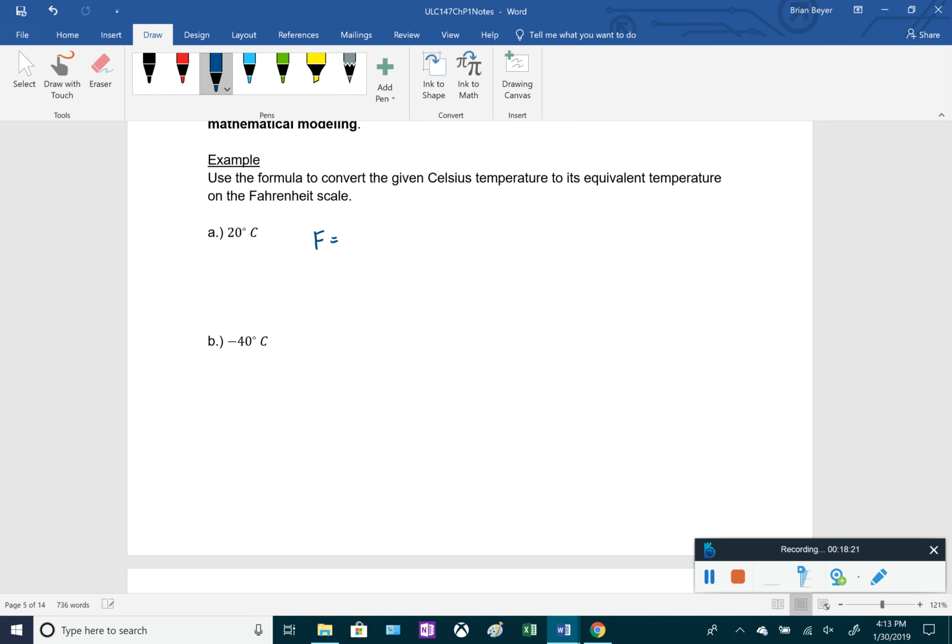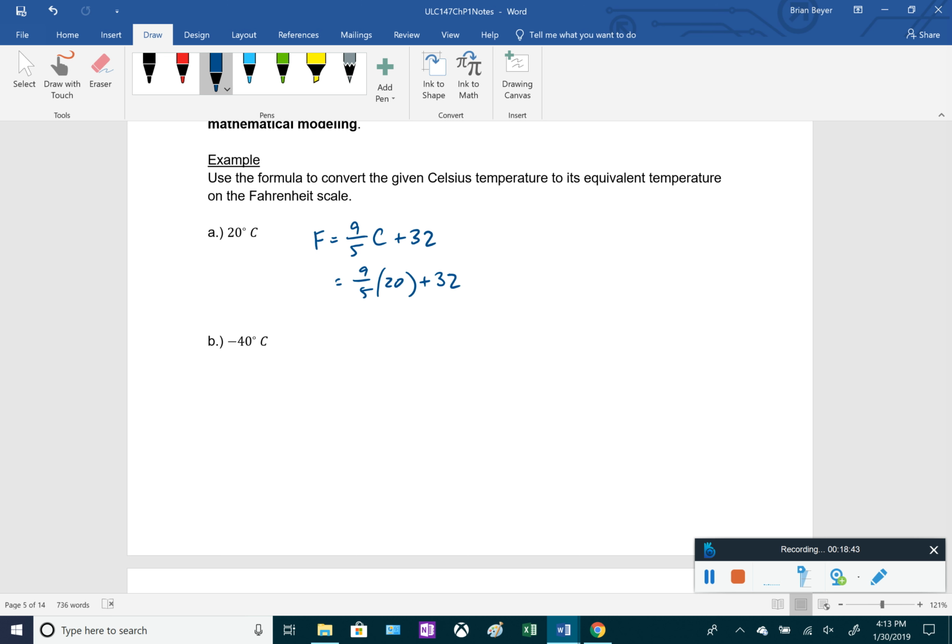F equals 9/5 C plus 32. Let's plug in C equals 20. So 9/5 times 20 plus 32. All we're doing here is multiplying fractions first.